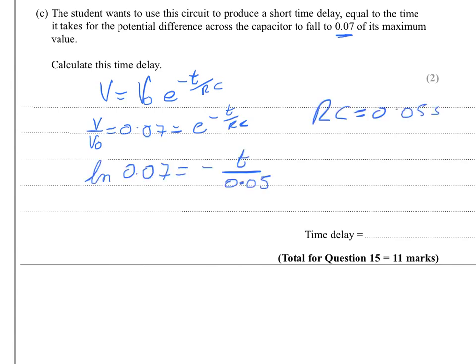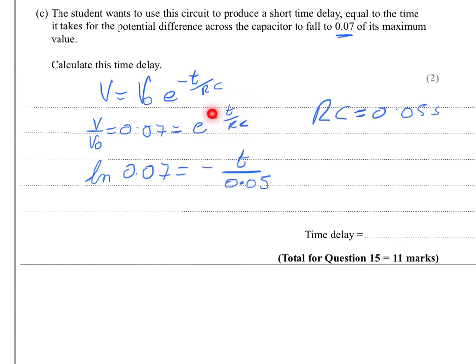Now we already found RC to be 0.05 seconds, so if we just take natural logs, then the ln of 0.07 will equal the ln of E to the minus T over RC, so the T over RC is all that's left when you take the natural log of E to something.